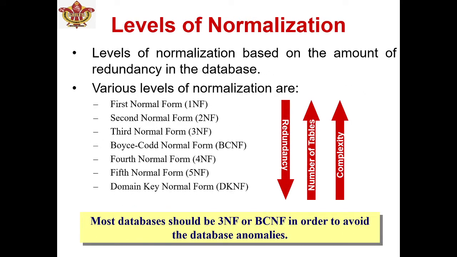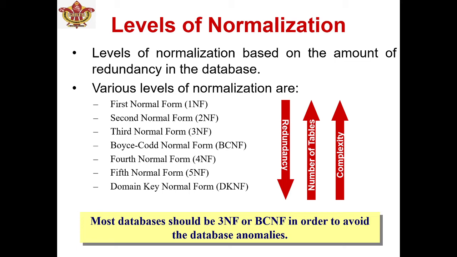And here we will also see the levels of normalization, which are based on the amount of redundancy in the database. Before we get to the examples, we will cover the levels of normalization. The various levels are first normal form, second normal form, third normal form, Boyce-Codd normal form, that is BCNF in short, fourth normal form, fifth normal form, and after that domain key normal form.